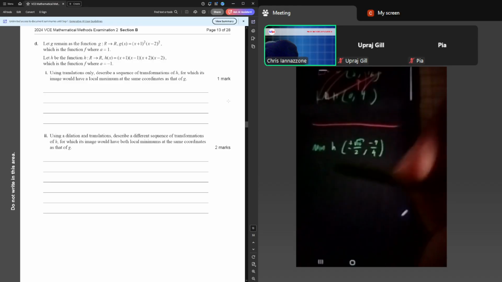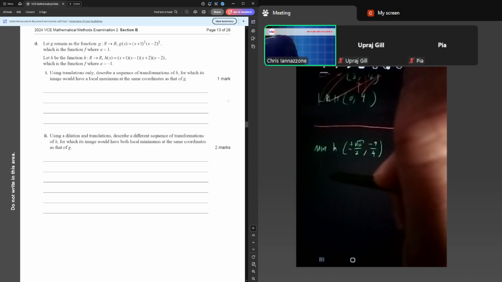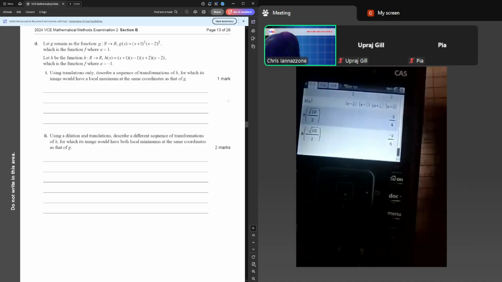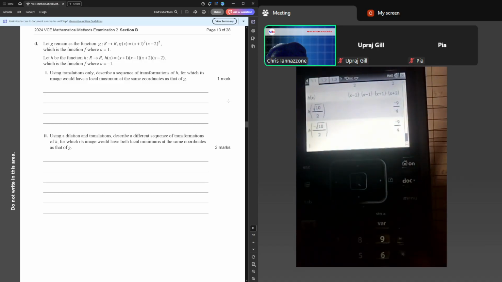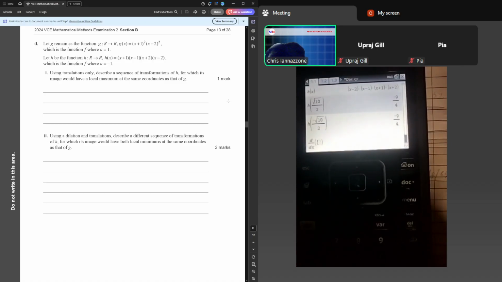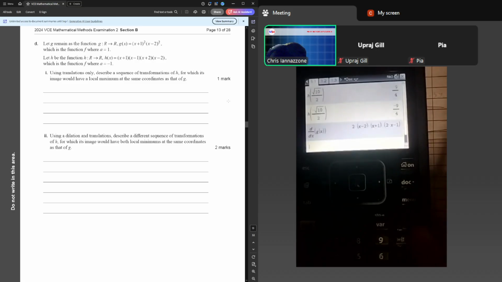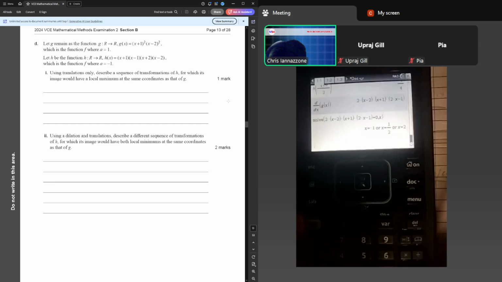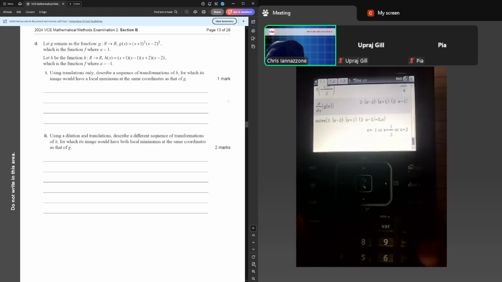And we want to get them to be the local mins of G, which I believe we already had. Did we already have them? Either way, we can get them. Derivative of G, grab them, equal to 0. So that's going to be the negative 1 on the 2.